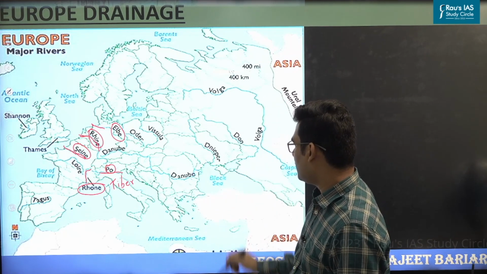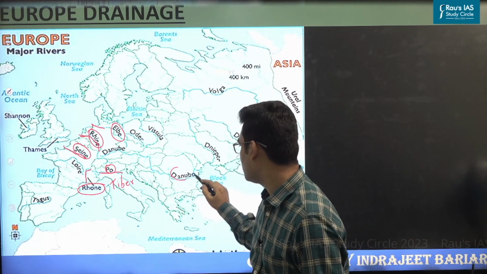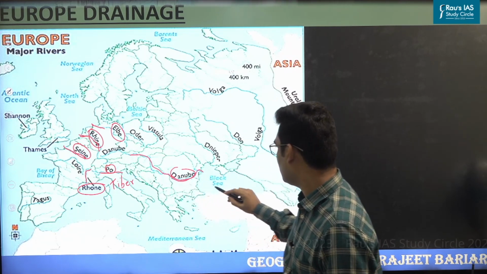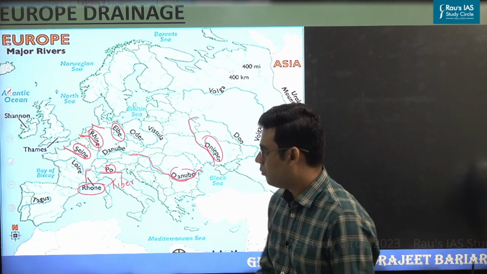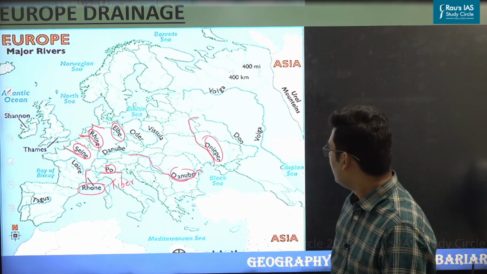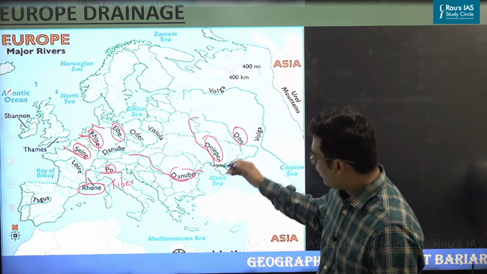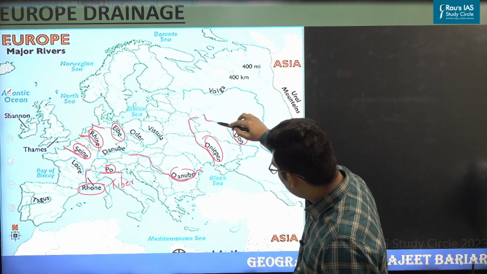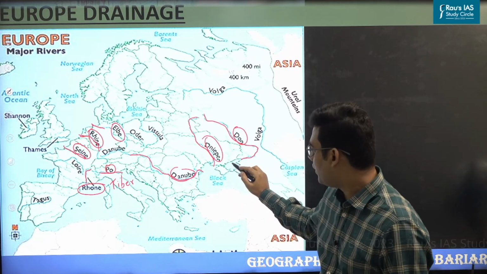Then the next one, the Black Sea drainage, where you can see Danube and Dnieper. Then we have river Don, a very, very important river of Europe, and you can see it drains into the Sea of Azov.